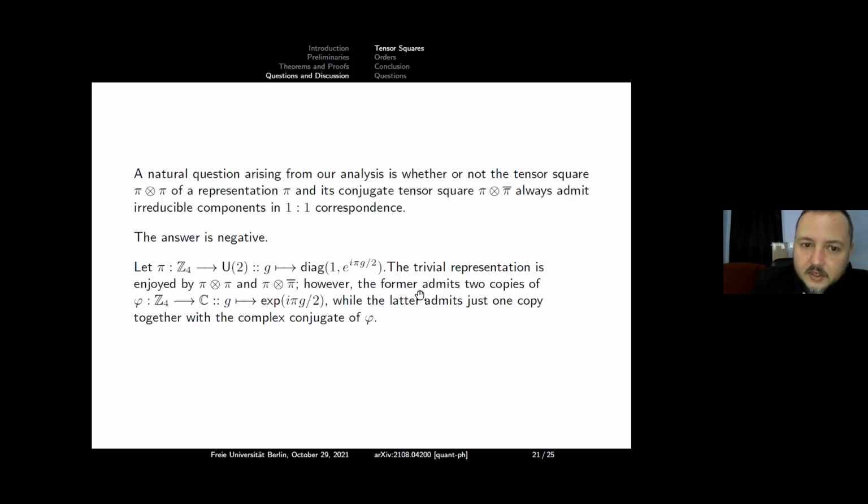The tensor square is going to have 2 copies of this representation, but the conjugate tensor square is only going to have 1 copy. Furthermore, the conjugate tensor square is going to have 2 copies of the trivial representation, whereas the tensor square is only going to have 1 copy of the trivial representation. So no, these are distinct notions.